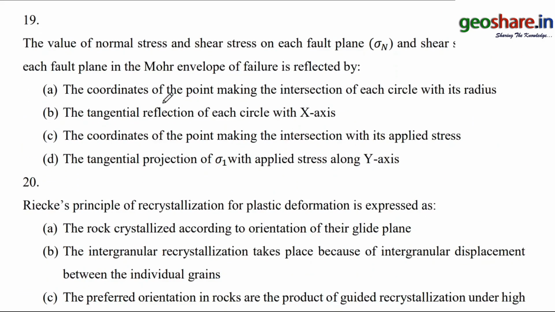The value of normal stress and shear stress on each fault plane in the Mohr-Coulomb failure is reflected by the coordinates of the point marking the intersection of each circle with its radius.